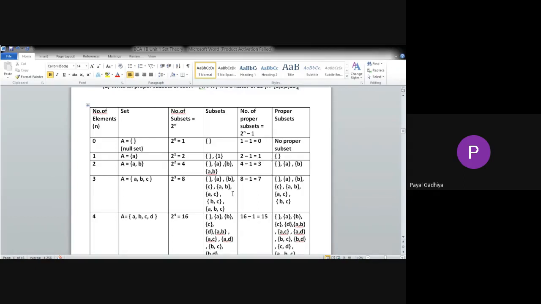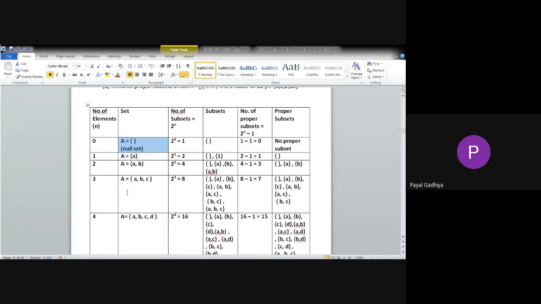In the first column they have written number of elements: 0, 1, 2, 3, 4. From that number of elements they have taken general sets. Whenever the number of elements is zero, the set will be the null set.